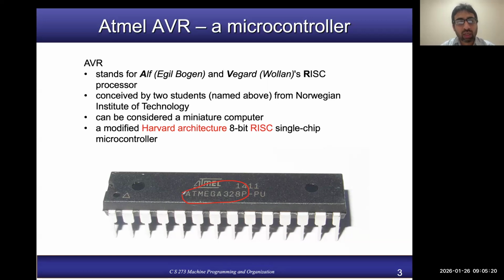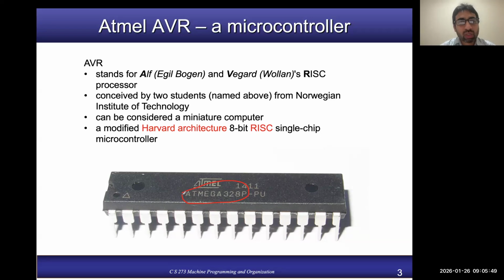Because they are very close to the CPU, and it is much faster for the CPU to access data from registers instead of memory. The size of those registers in this microcontroller is 8-bit. That's why we say that this microcontroller is an 8-bit architecture. Like 95% of the registers, not all of them, have a size of 8-bit in this microcontroller.